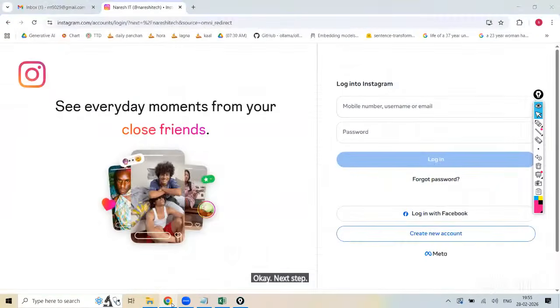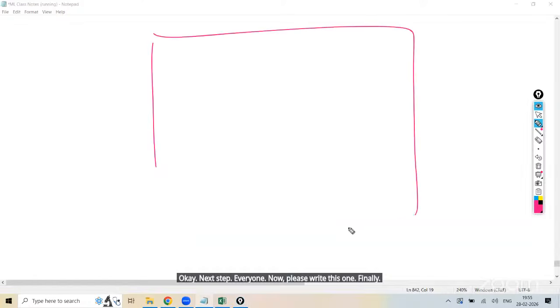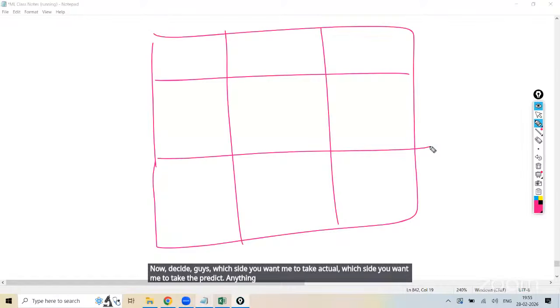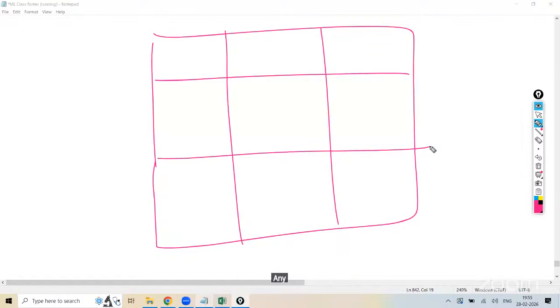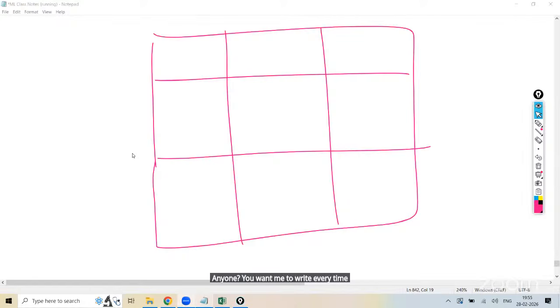Everyone, now please write this one finally. Now decide, guys, which side you want me to take for actual and which side for predicted. Anything is okay, right? Is there any rule that I must write predicted on the right side and actual on the left side every time?